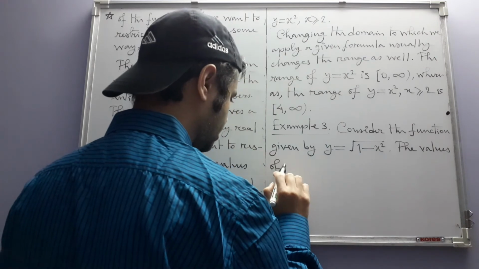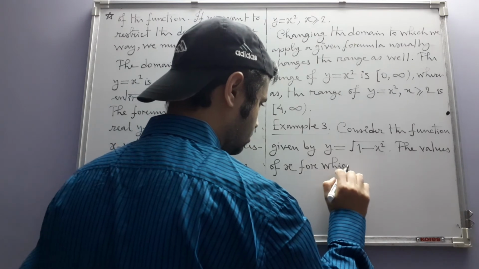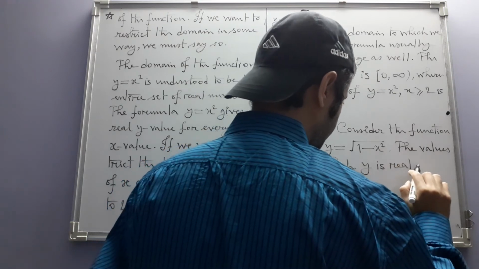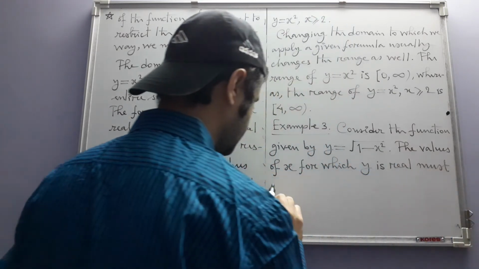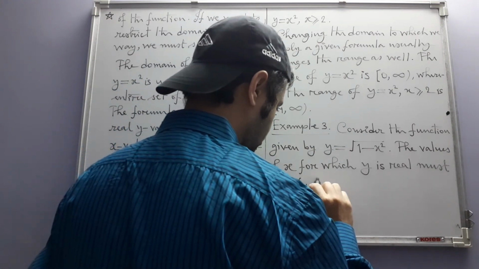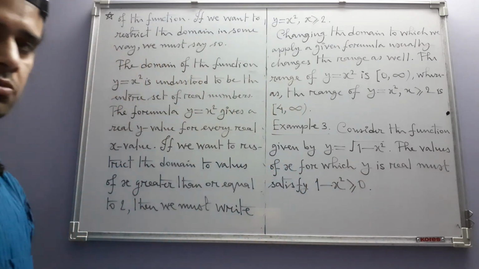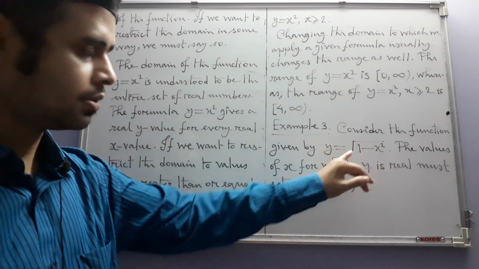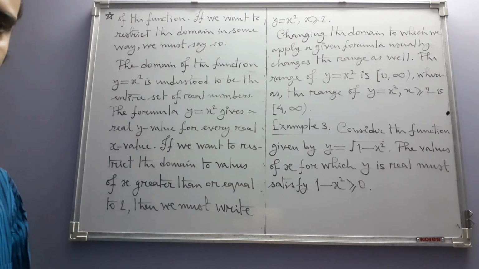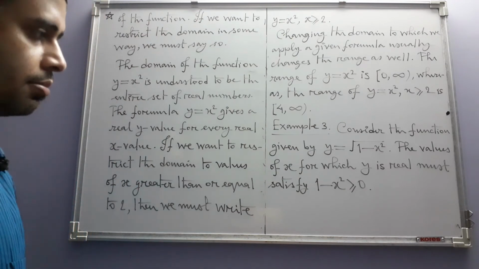The values of x for which y is real must satisfy this, because we have this square root, so we are not allowed to have a negative value inside the radical sign, because then the resulting thing won't be a real number anymore.